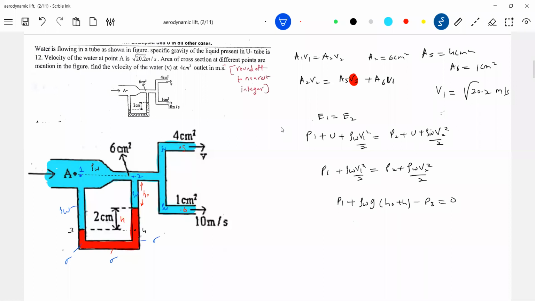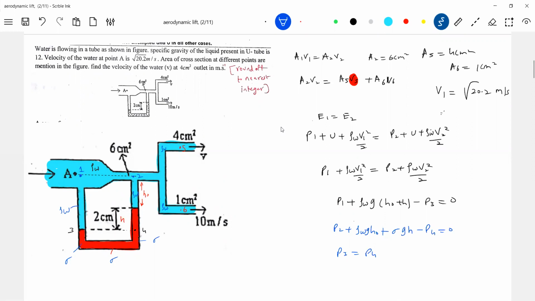Similarly, write the manometric equation on the other side: P2 plus rho W G H naught minus sigma plus sigma G H minus P4 equals 0. The pressures at 3 and 4 should be equal since they lie on the same horizontal line.